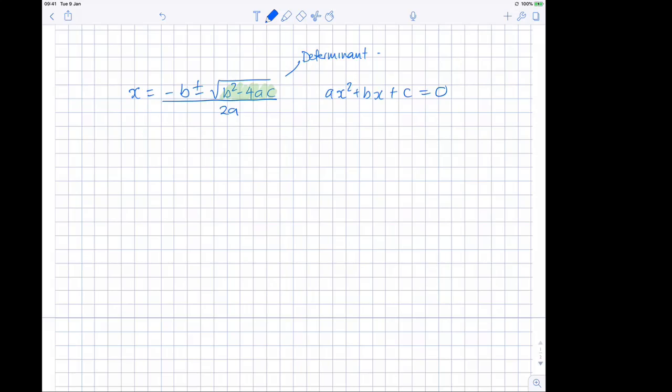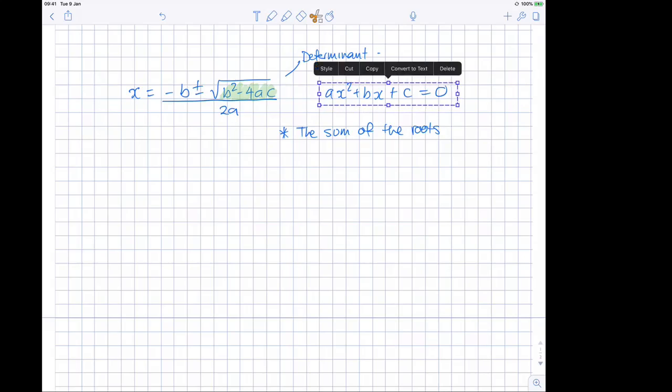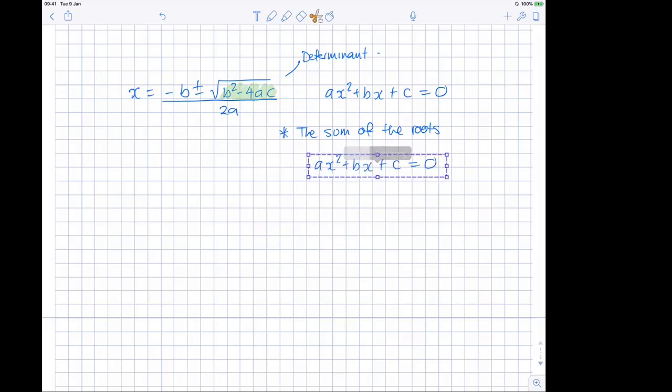Right, so here's what else we need to do. We need to find the sum of the roots. And to find the sum of the roots, what we do is we take this equation. Let me just copy it and place it here.